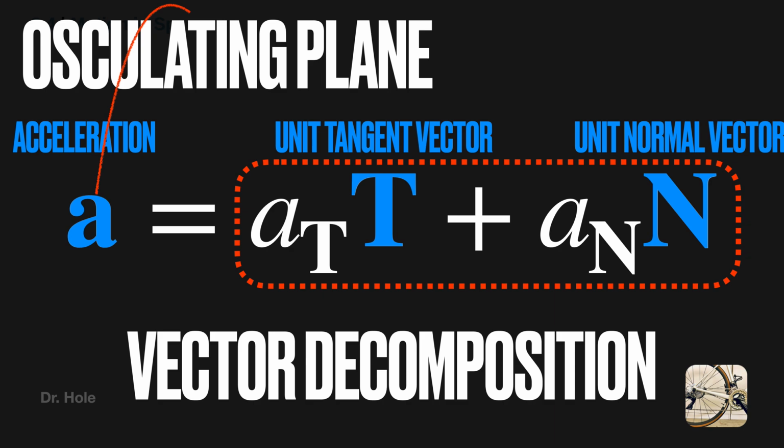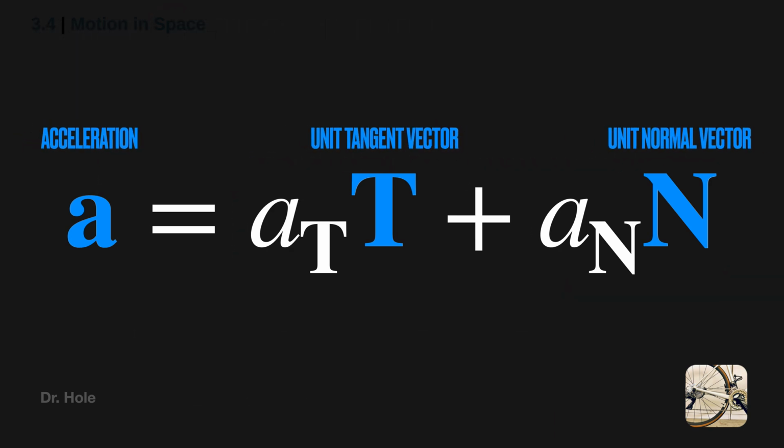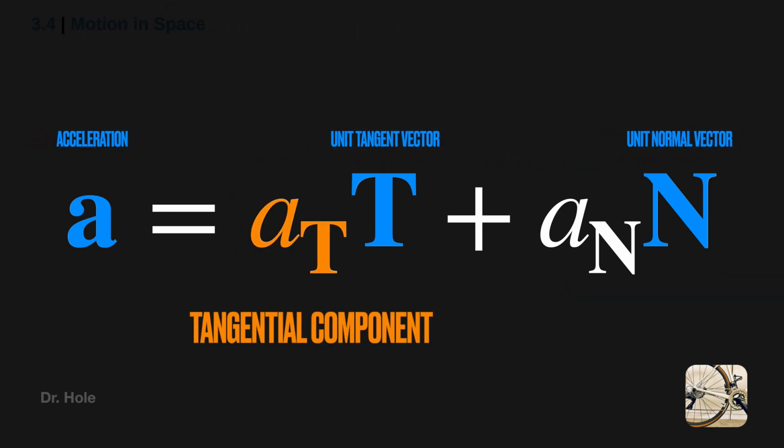Okay, let's be a little bit more precise here. Let's not forget about the scalar functions: there's a scalar function on the unit tangent, and there's a scalar function on the unit normal. These are providing the tangential and normal components of acceleration.